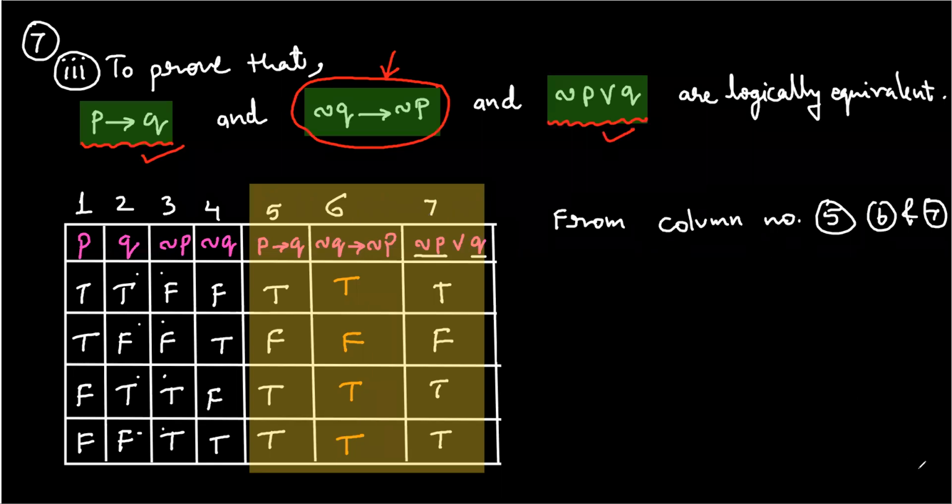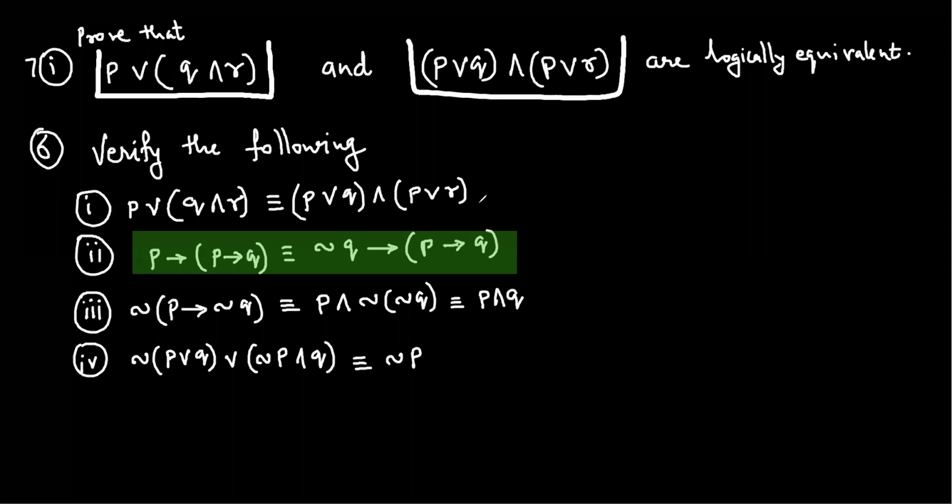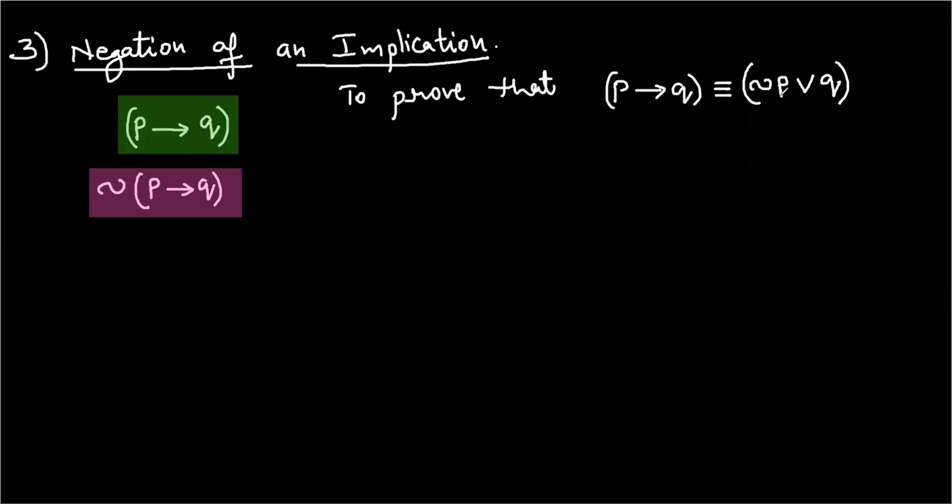So what I got, my dear students, is that P implies Q is logically equivalent to negation P or Q. Here I will remove the part to prove, because we have already proved it. Instead I write, we know that P implies Q and negation P or Q are logically equivalent.